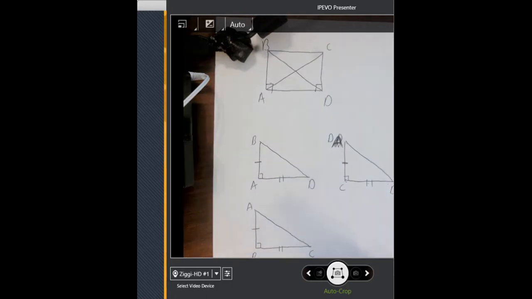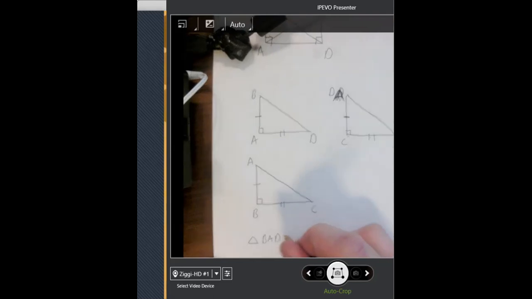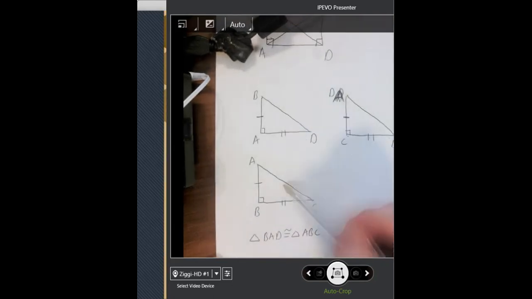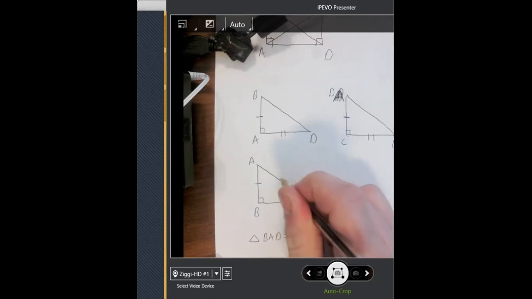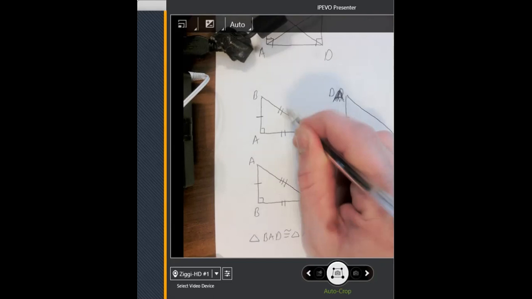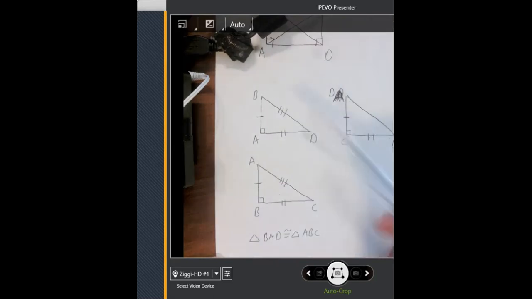So if triangle BAD is congruent to triangle ABC, then we know that the matching hypotenuses have to be congruent. And so segment AC would have to be the same as segment BD. That's because those are two corresponding sides in two congruent triangles.